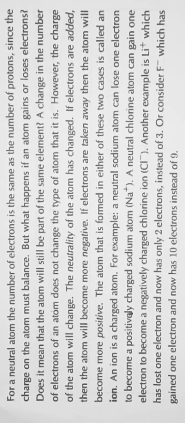Another example is a neutral chlorine atom. Neutral means zero. It can gain one electron to become negatively charged, which is true.